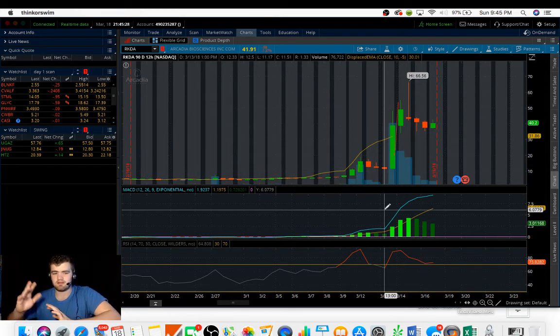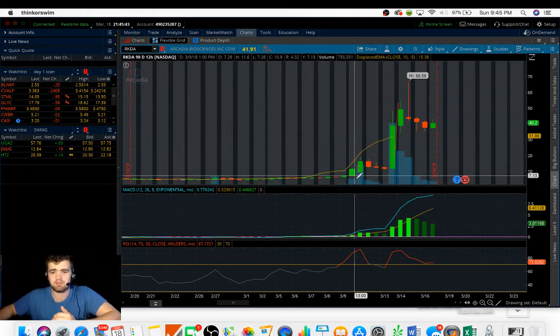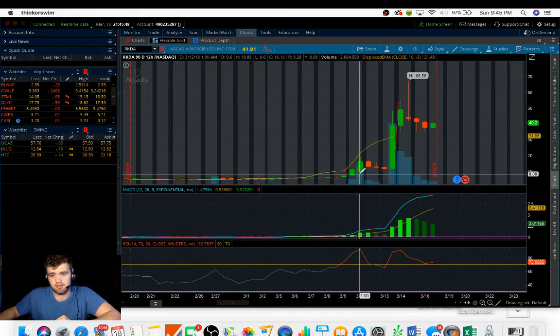Okay, and these kinds of stocks happen all the time. That's why stock trading is such a great field, because you can make tremendous amounts of money in it. So all right, here's a perfect bull flag setup. We have a huge flag, one day.